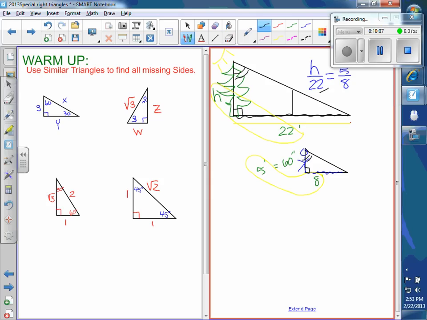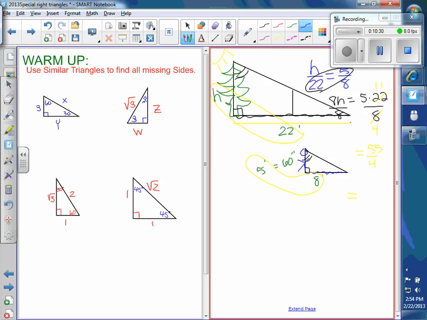So then you would multiply, and you'd say 8h is equal to 5 times 22. So solving for h, you would divide by 8. Then we could reduce a little. 2 goes into both of these, right? So we have 55 divided by 4.